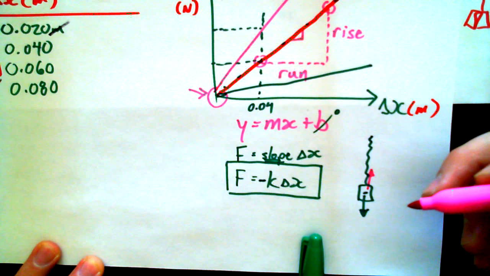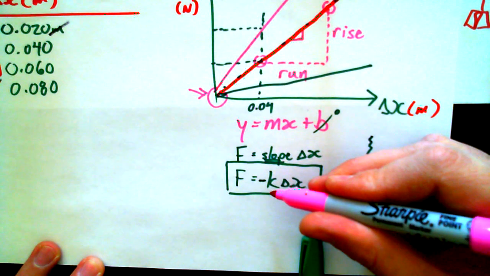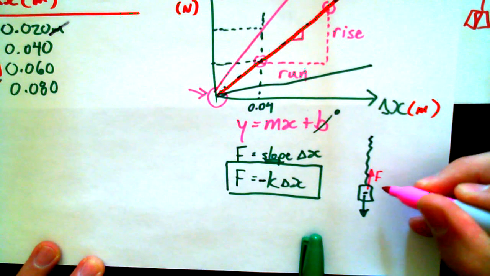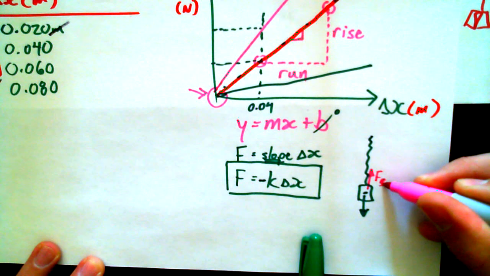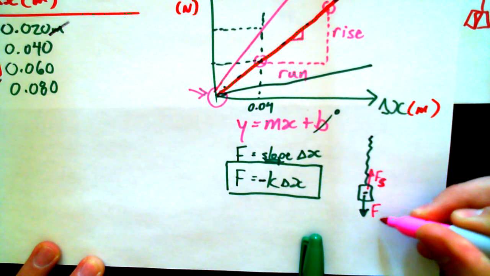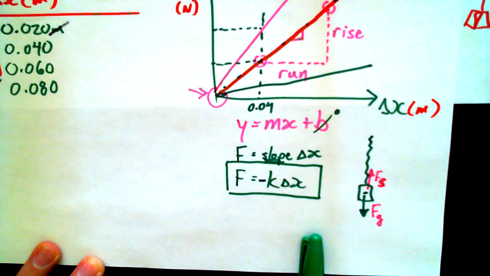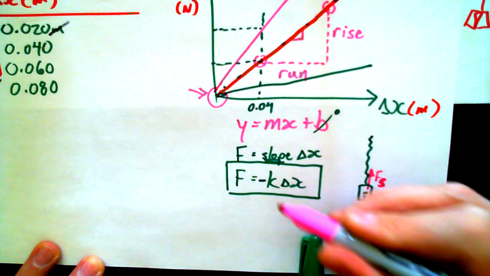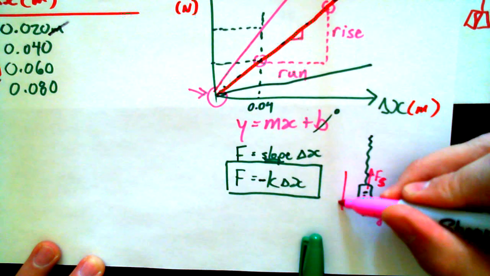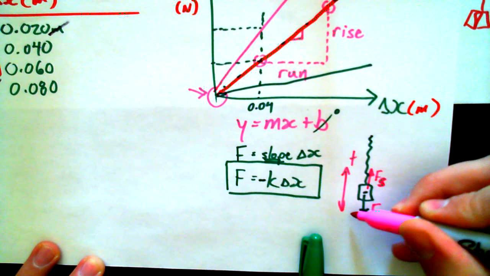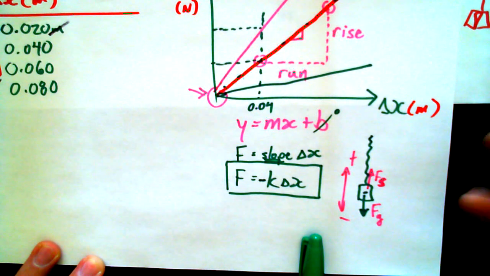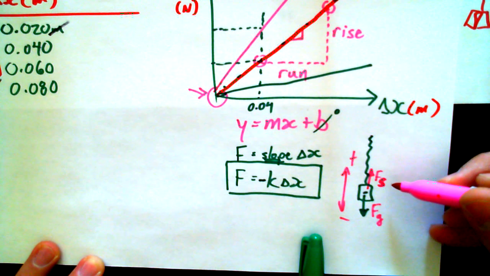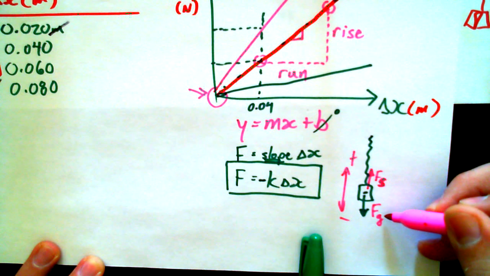So don't just willy-nilly throw in negative signs, like when you draw a free body diagram. If you have the spring force, Fs, and Fg for gravitational force, and you're drawing a free body diagram for an object hanging off of a spring, don't just randomly make the Fs value negative. You calculate the magnitude of it. You identify up as positive perhaps and down as negative, and when you do your math, Fs is a positive value and Fg is a negative value perhaps.